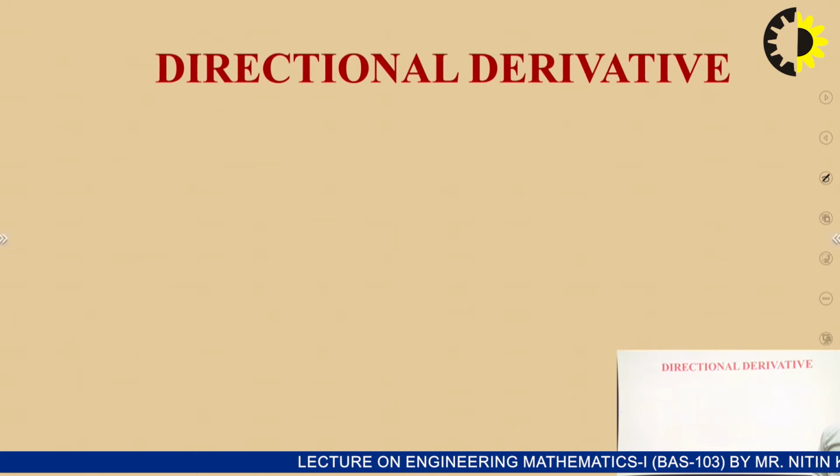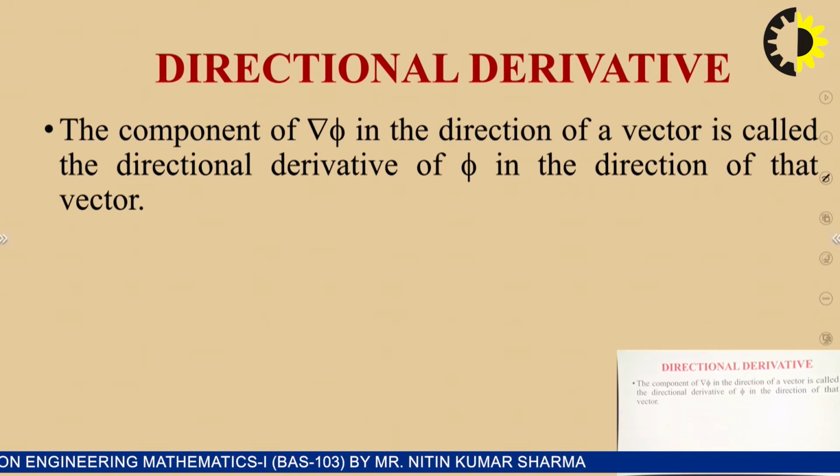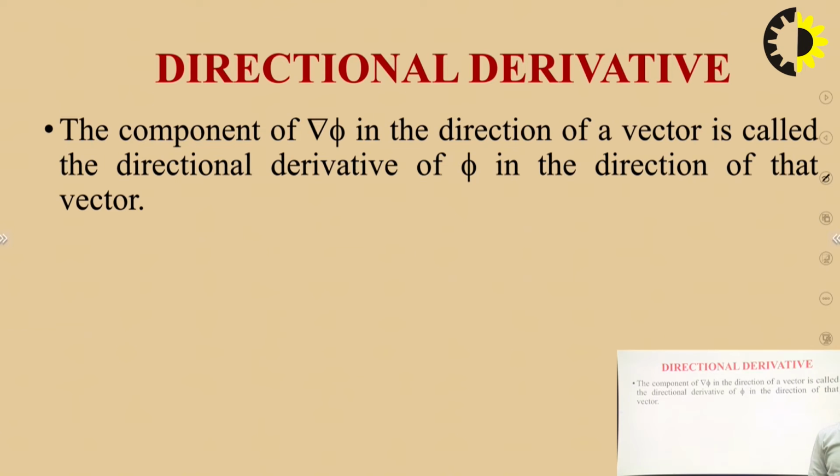Now the next application of vector differentiation is the directional derivative. So what is the directional derivative? The component of del phi in the direction of a vector is called the directional derivative of a scalar function phi in the direction of the given vector.